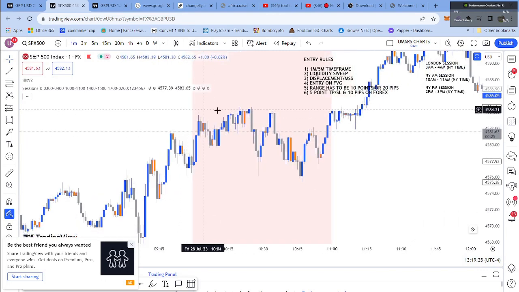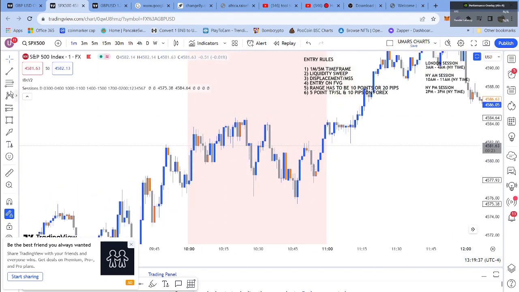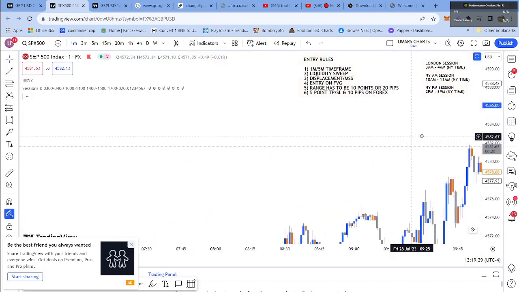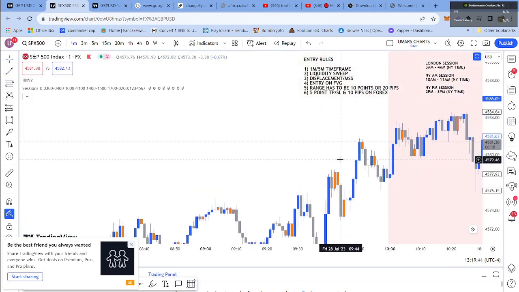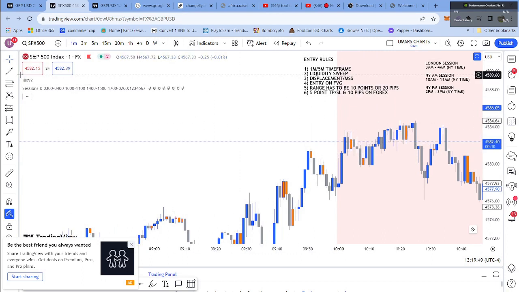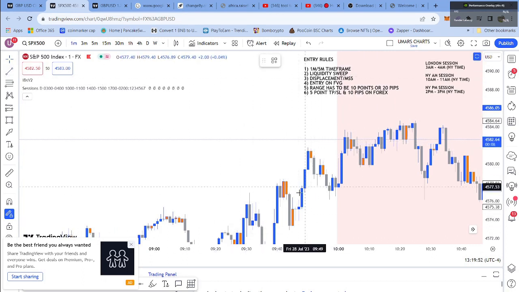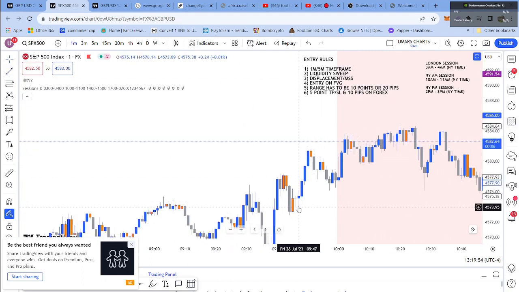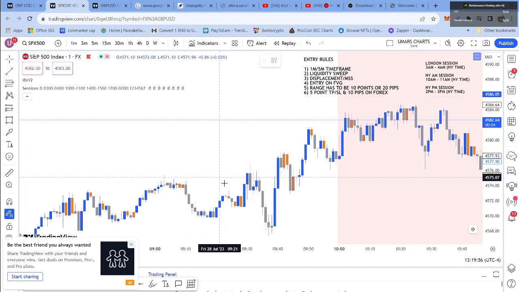So diving straight into it, we'll jump onto the markets a few minutes before the kill zone, and wait to see price moving and sweeping liquidity. Like we've got here, you could see price was creating higher highs and higher lows, moving upwards.